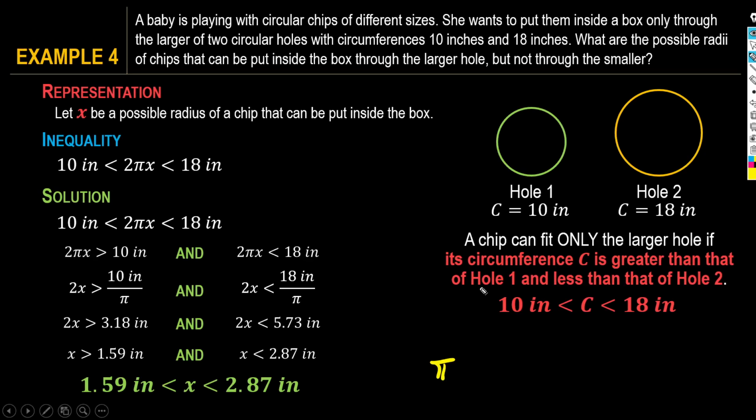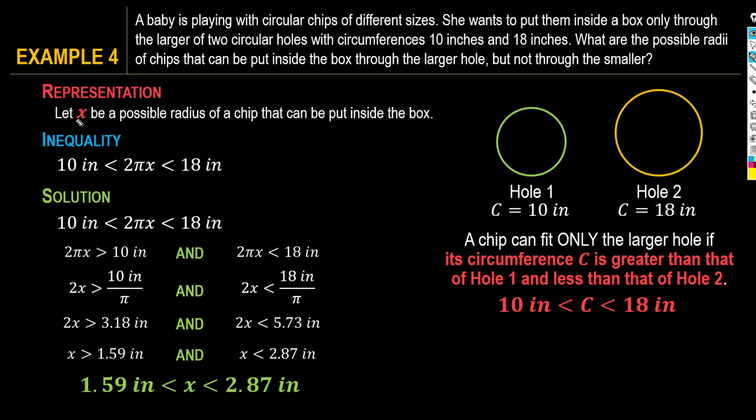Our agreement, makinig dito, gentlemen, is that you use the approximate 3.14 for all computations. And whenever necessary, we always round off to the nearest hundredths. In other words, 2 decimal places tayo mag-round off. Okay? Much like what I did here in the solution.